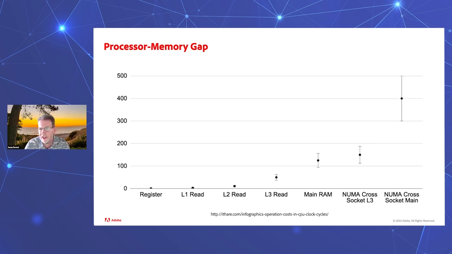An L2 read, you're looking at something closer to 20 to 30 cycles. L3 read, you're in the range of 50 cycles. If you have to hit main memory, you're looking at somewhere between about 150 to 175 cycles.